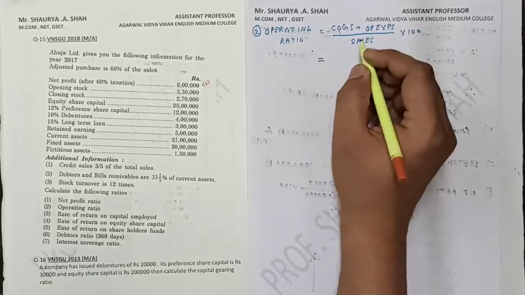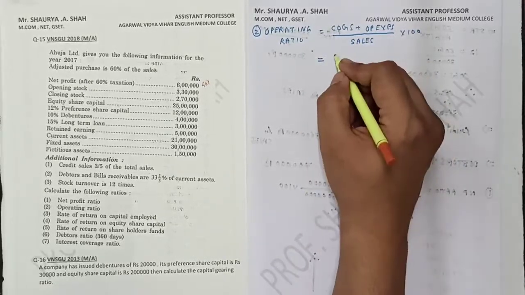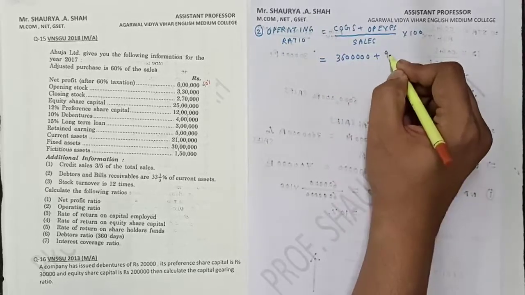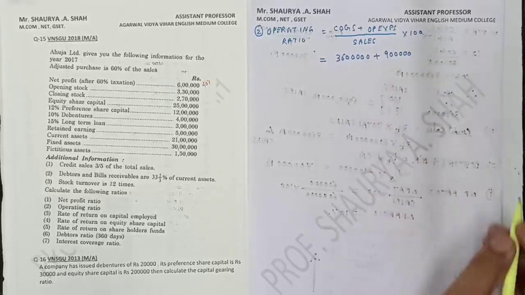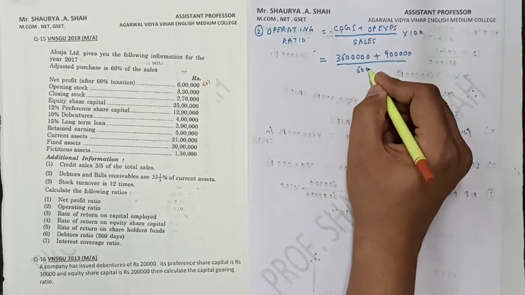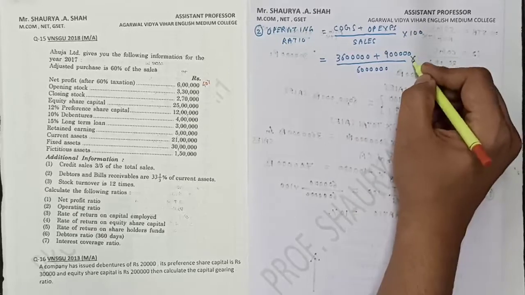So putting everything in the formula, students, cost of goods sold, you all know we have 36 lakh plus operating expenses is 9 lakh we calculated at present. Sales I have is 60 lakh into 100, right?